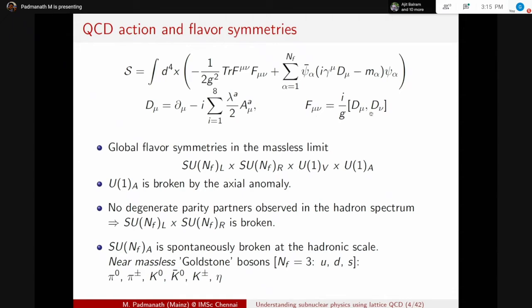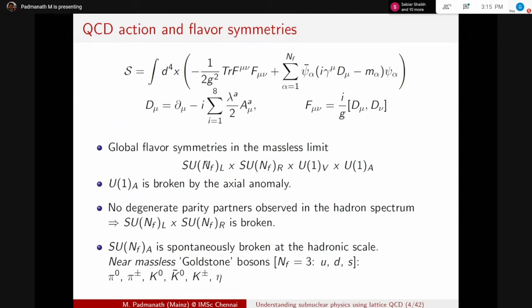Now you can see that the field strength tensor is represented like this, and the non-commutative property of these gauge fields for QCD, which has an SU(3) gauge symmetry, gives a non-commutative term that brings in all this non-perturbative behavior at the hadronic scale.